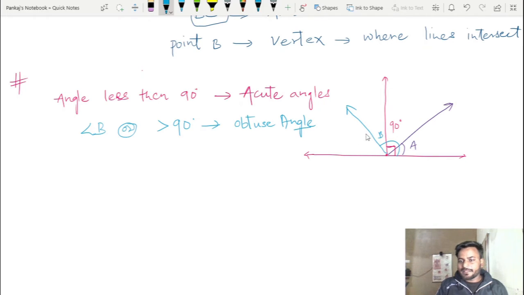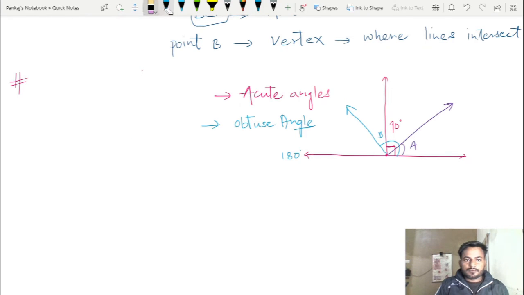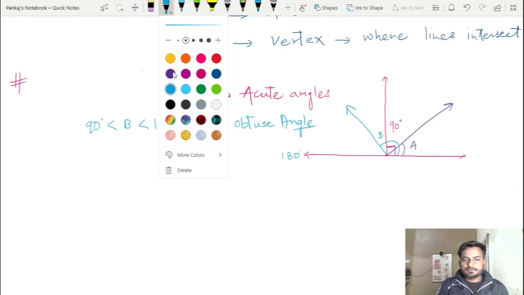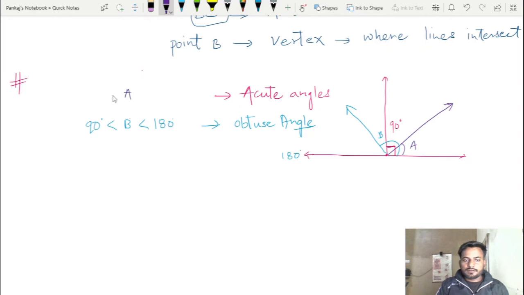Let us make it more clear. Obtuse angles are greater than 90 degrees and less than 180 degrees, and acute angles are greater than 0 degrees and less than 90 degrees.